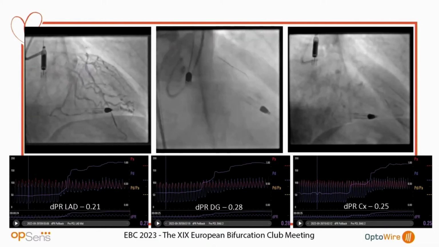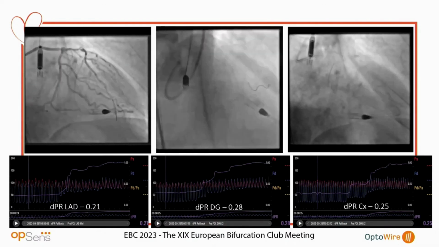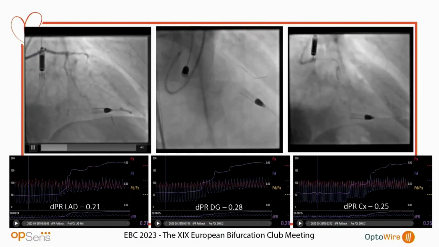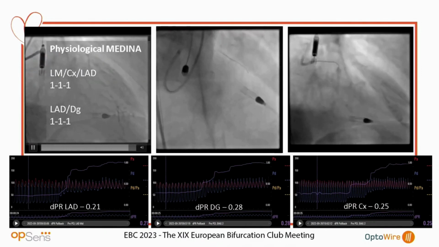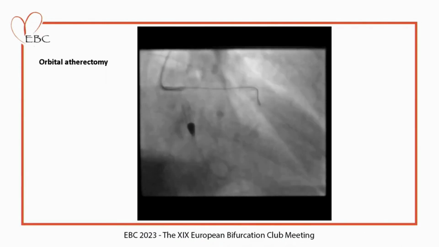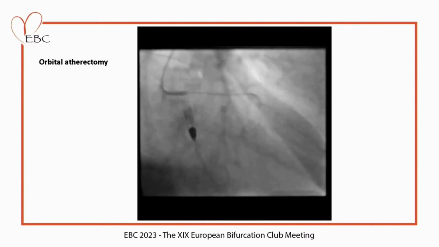So we started with orbital atherectomy, because I believed that removing the plaque would help me decrease the volume of the plaque at the ostium of the diagonal branch and circumflex artery. So probably I would not have to stent these two arteries.